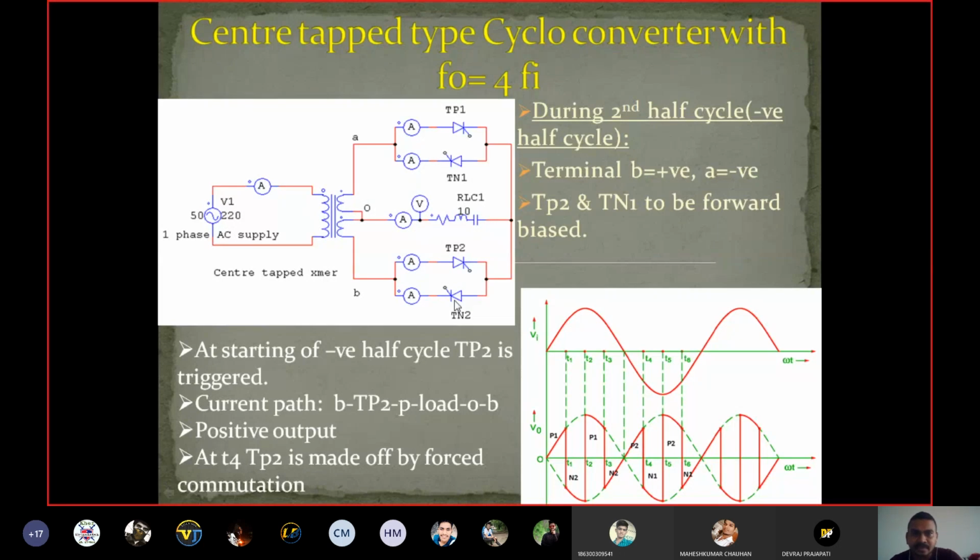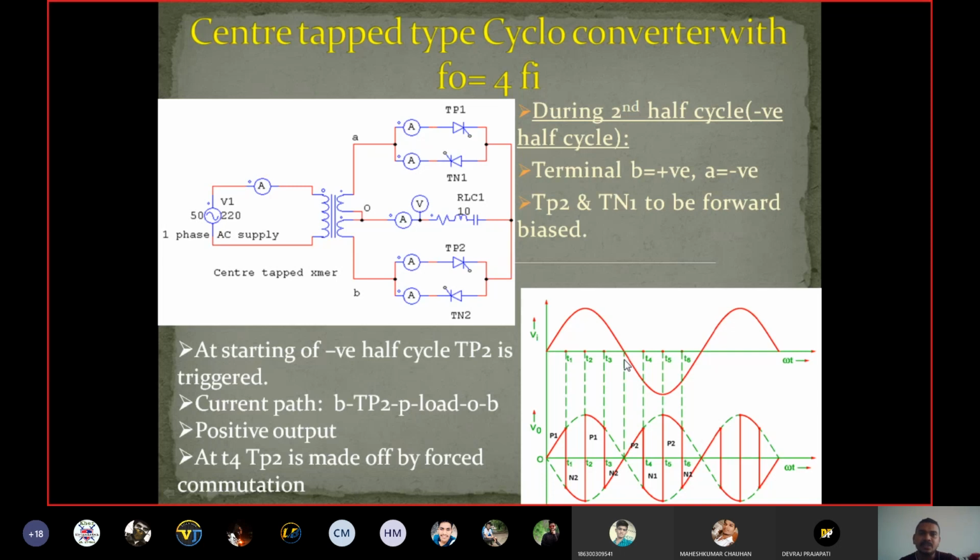Okay, so here TP2 and TN1 are forward biased. Okay, so first of all at the starting of this negative half cycle we are giving triggering pulse to TP2. Okay, so we are giving triggering pulse to this TP2 thyristor.